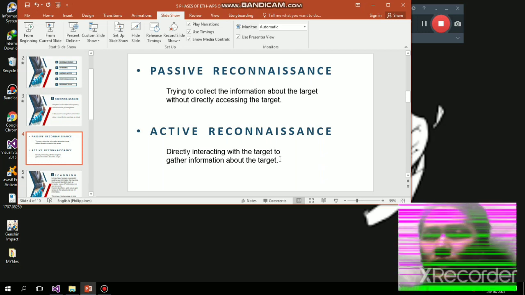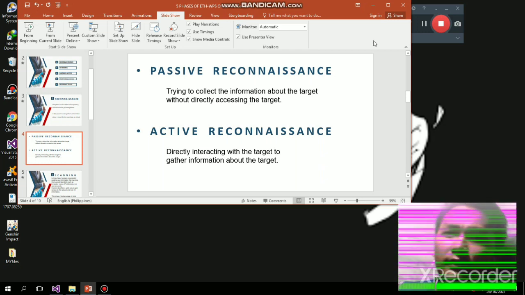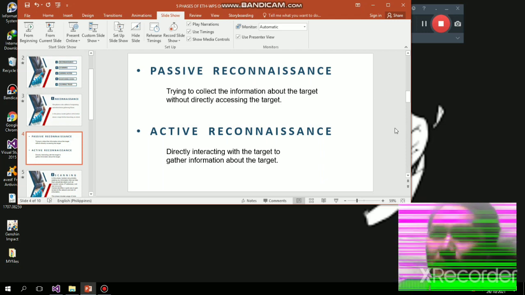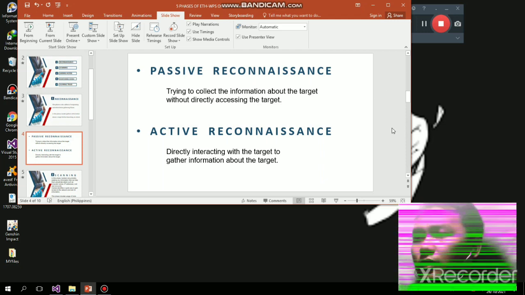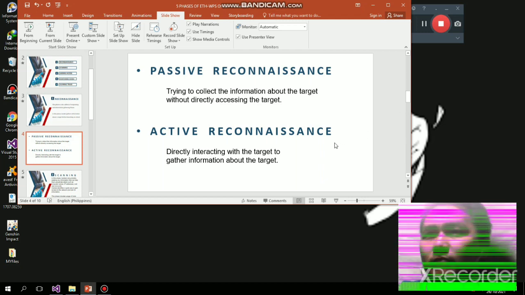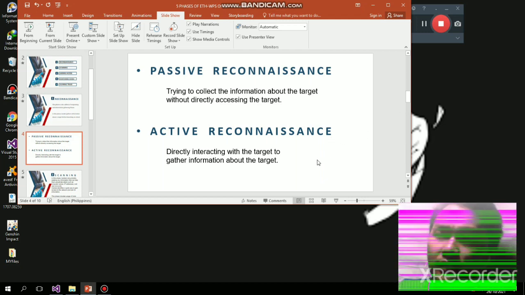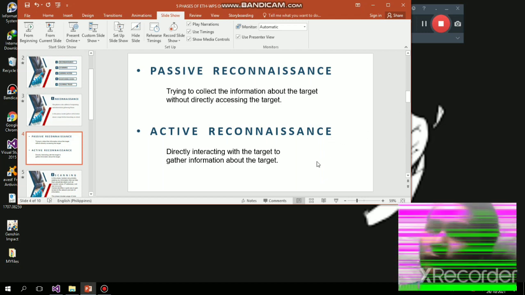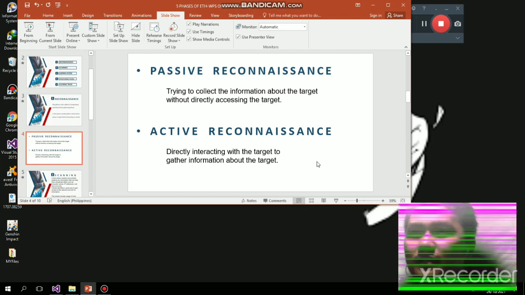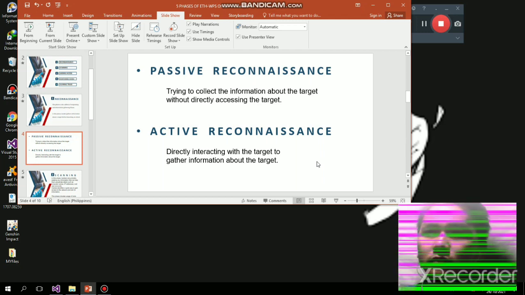For example, you are using nmap tools to gather information about your target. Makakuha kag information about computer names, IP addresses, networks, or the OS they installed. That is called active reconnaissance.